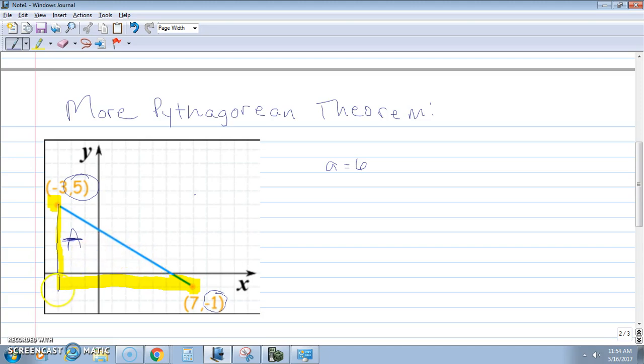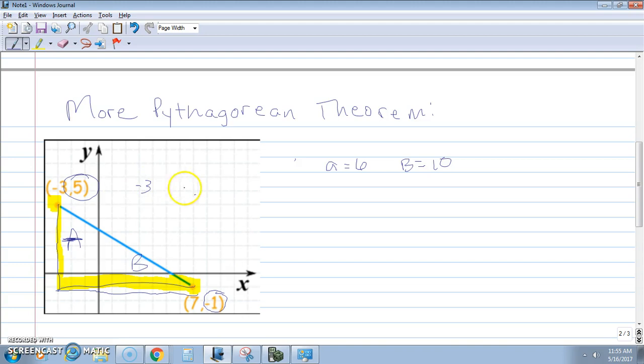And if this longer side was b, you could count if you graphed it 1, 2, 3, 4, 5, 6, 7, 8, 9, 10. They're 10 apart, right? So b would be 10. But you could also say, okay, I have -3.